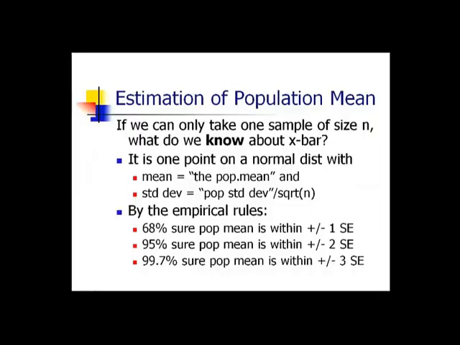So the distance between them is within plus or minus 2 standard errors, to a 95% level of confidence or surety. So I can take the one sample that I know something about, and I can just turn the logic around and say that I'm 95% sure that my actual population mean falls within this range.